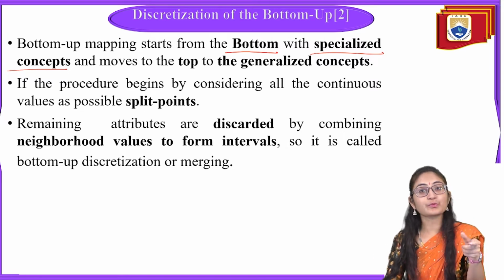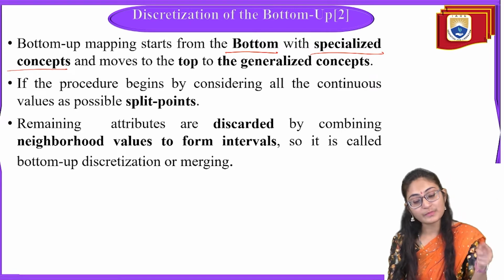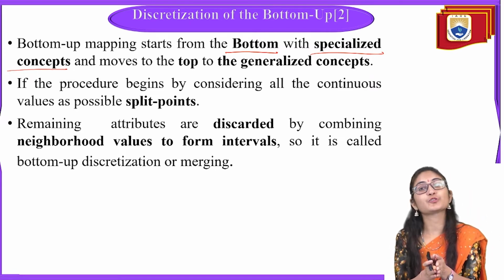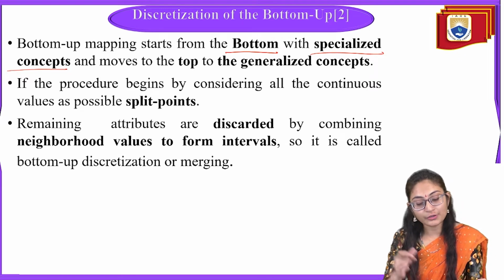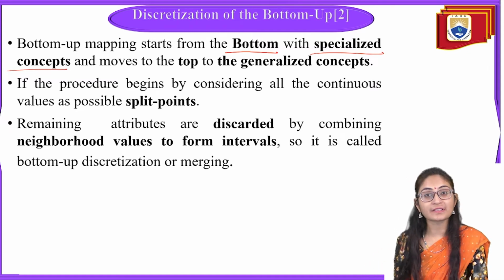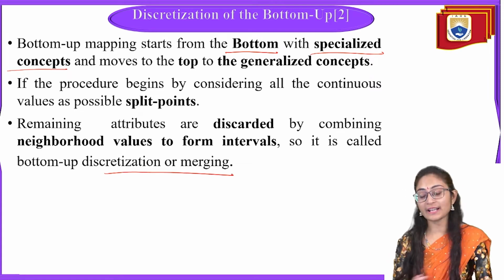If the procedure begins by considering all continuous values, you first split points and discard the remaining attributes by combining some intervals, and it is called merging.